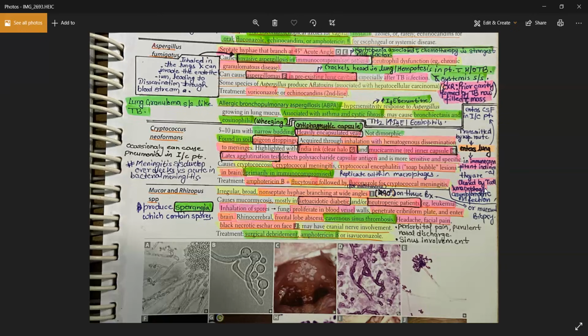But in case of immunocompromised status, what you will get is the hematogenous dissemination of the infection, and finally the infection will reach your brain, and what you will get is the meningitis. Very important, you will get the Cryptococcus meningitis. Okay, or the encephalitis.